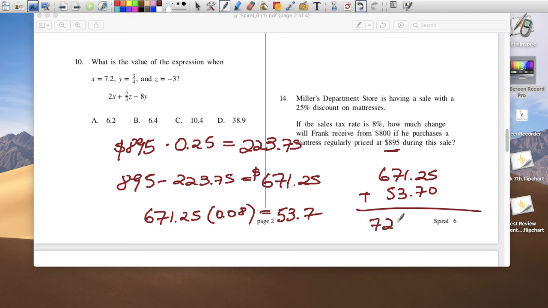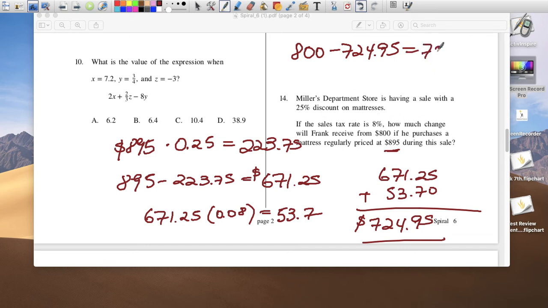So that's your total price, and that makes sense because now the guy is handing them $800 in cash. This is the price of the mattress, so he's going to get some change. That's going to give him $75.05 in change. A lot of work, yeah, but good question.